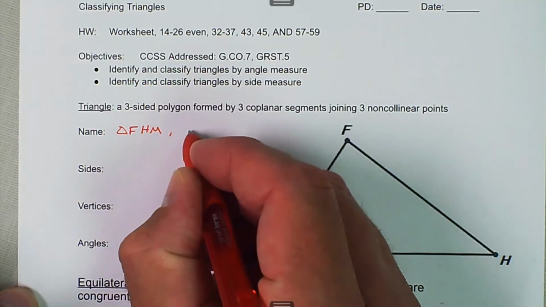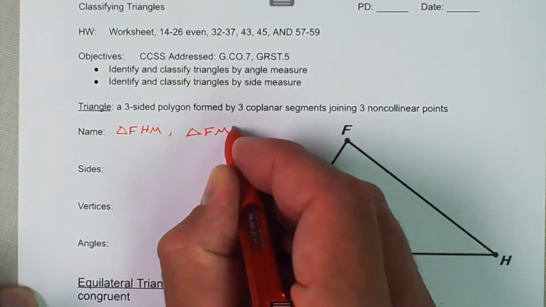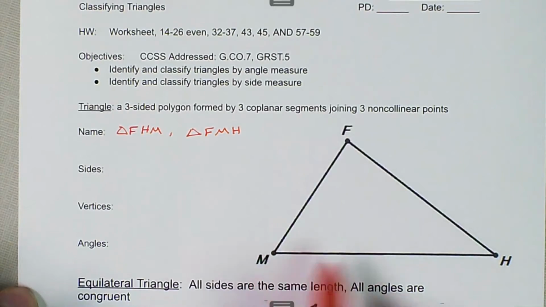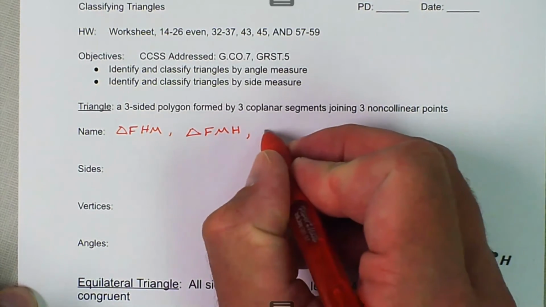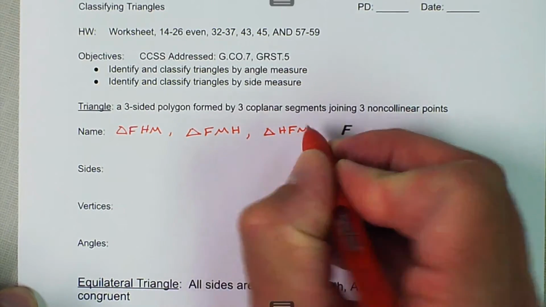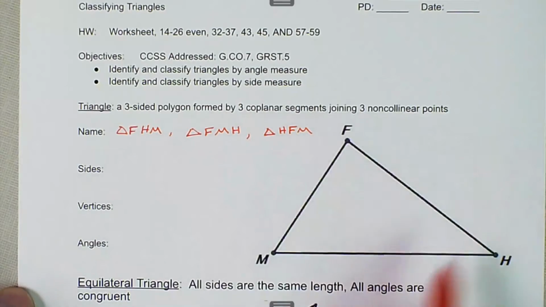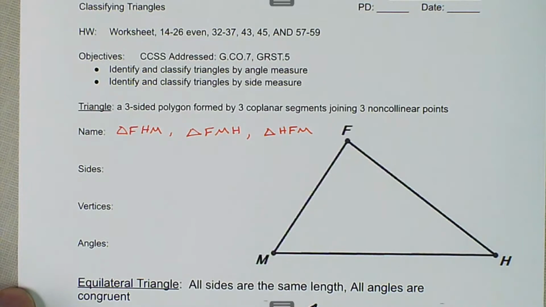We could go the other way and call it FMH. Or we could start with a different point and call it triangle HFM. And we could come up with more names. As long as you name them in order, use a capital letter, and you put the triangle in front, then that's the proper way to name a triangle.